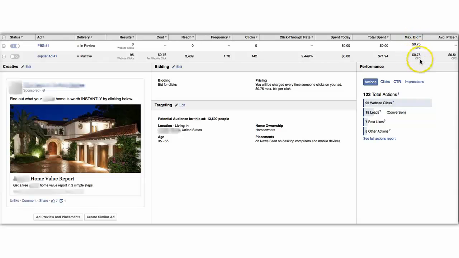Your cost per click max bid is based on total clicks, not on website clicks. So based on that information, this ad has been very effective. This ad has generated 15 leads over the last week on a relatively small budget. So that's what we're looking for, and that's how you can tell if your ad is effective on Facebook.